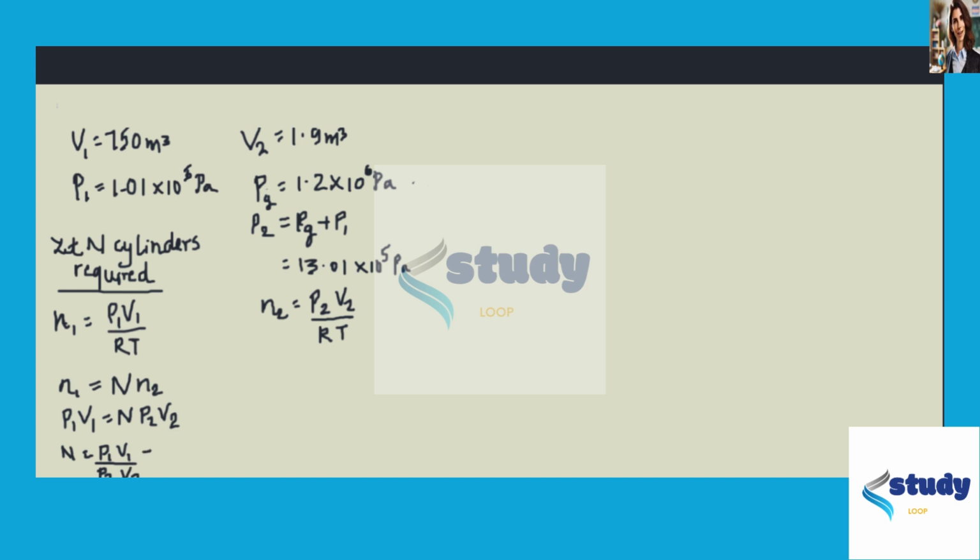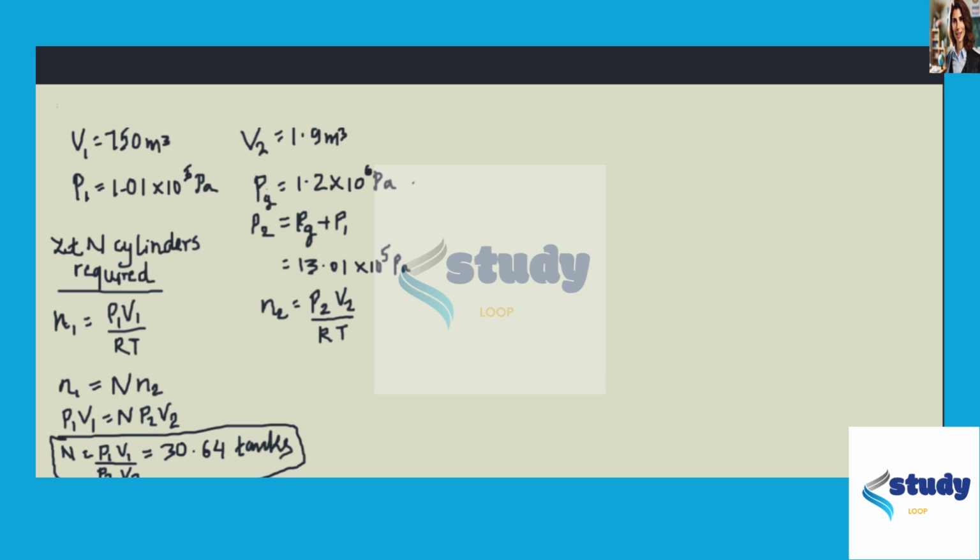Now just calculate this. We have P1, we have P2. If you calculate this, it comes out to be 30.64 tanks. These many tanks are required to fill up that one balloon.